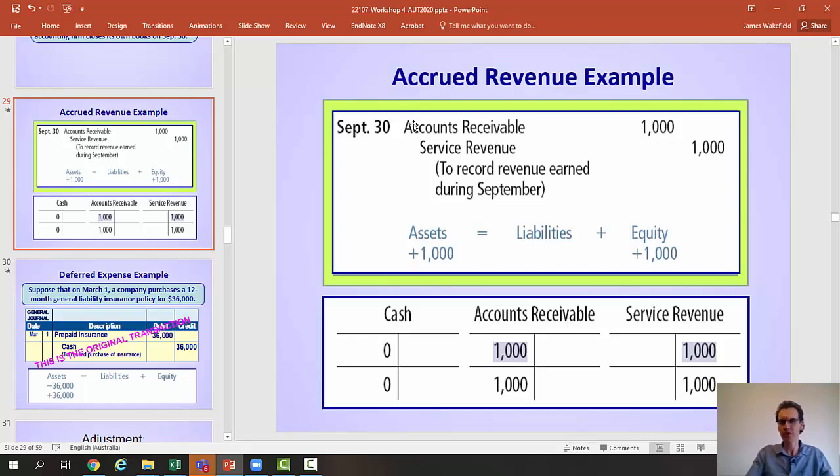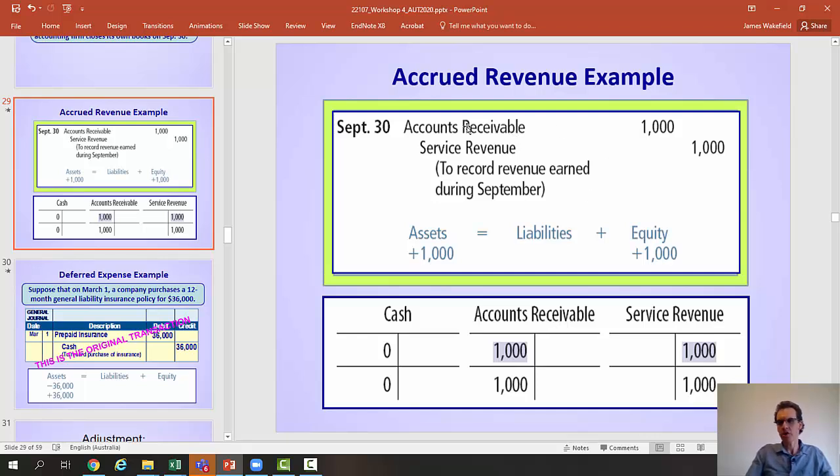And we are also recognizing the fact that the customer owes us the money. So we are recognizing a current asset of $1,000. So the expectation that we will receive payment from the customer reasonably soon, at least in 12 months, because accounts receivable are a current asset.